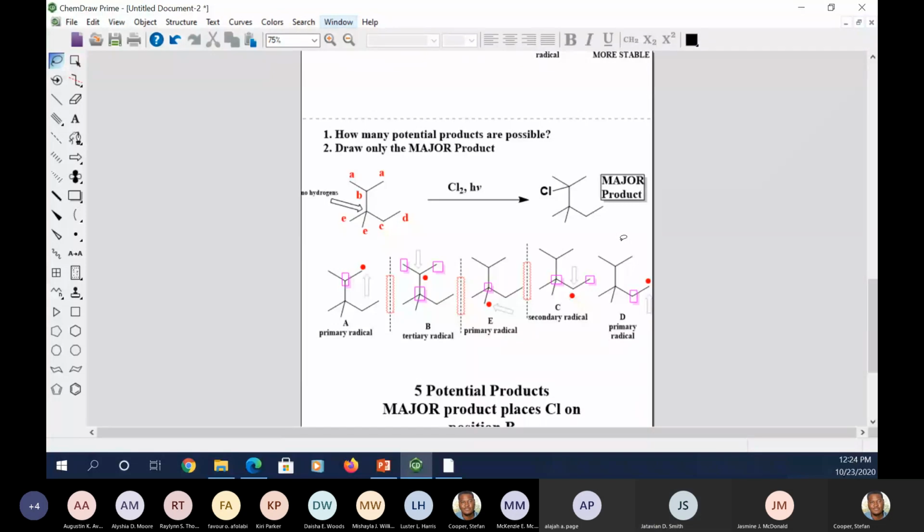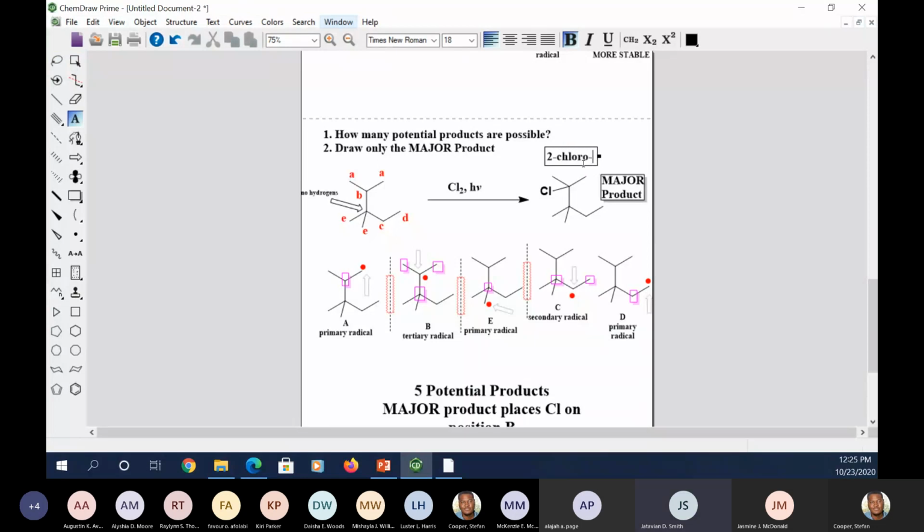How many carbons in the parent chain? 5. Yep, 5 is the parent chain. I've got substituents on carbon 2 and on carbon 3, right? Hopefully you are numbering that chain correctly. That'd be the hard part, putting everything in order and translating what it actually is.